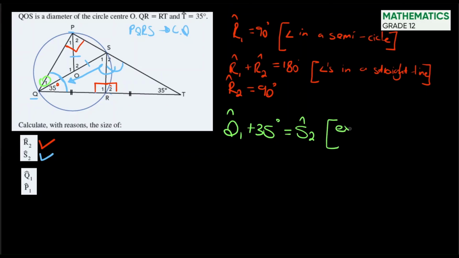The reason: exterior angle of a cyclic quad is equal to the interior opposite angle.